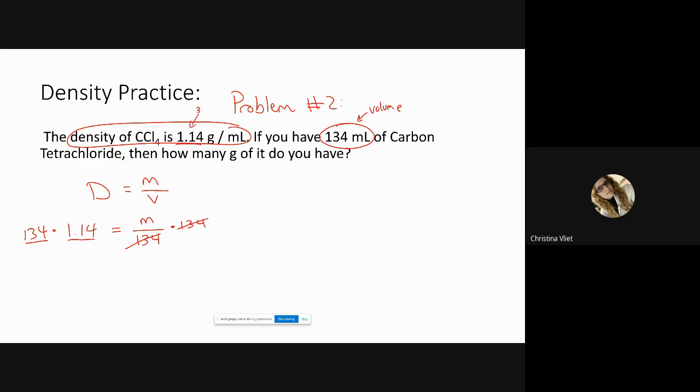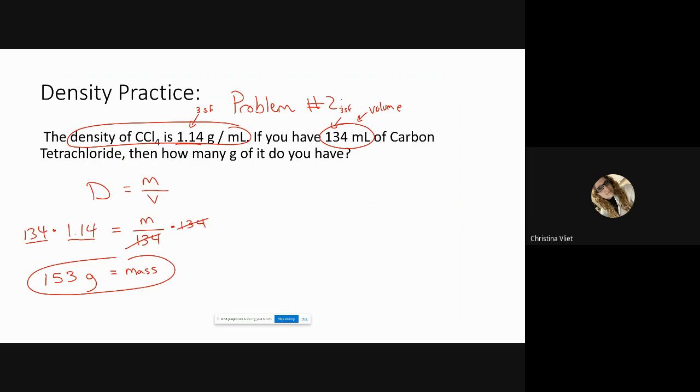The 1 and the 4 are significant, so that's 3. This is 3, so my answer should be 3. So it's going to be 153. And what is the unit? How do I describe my answer? g. And that's my final math.